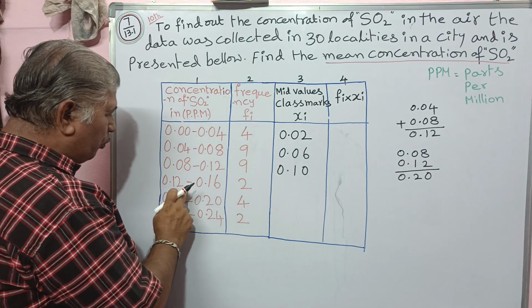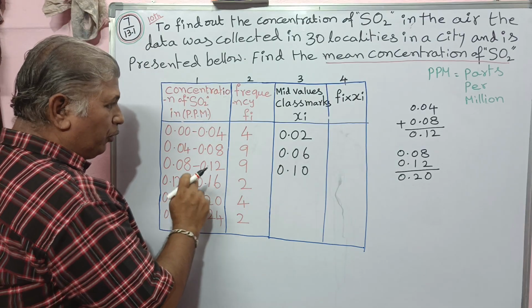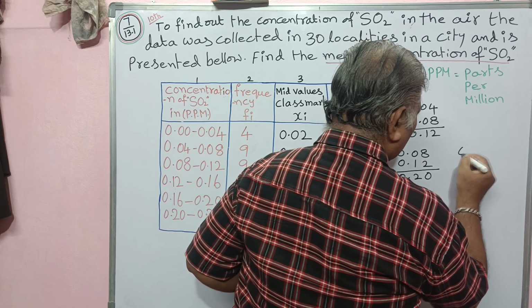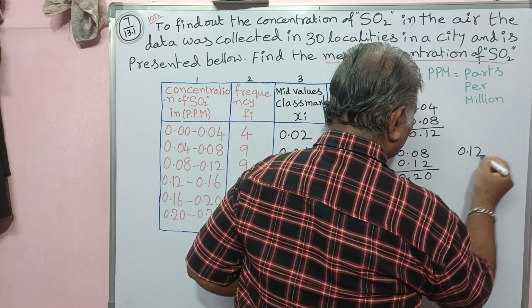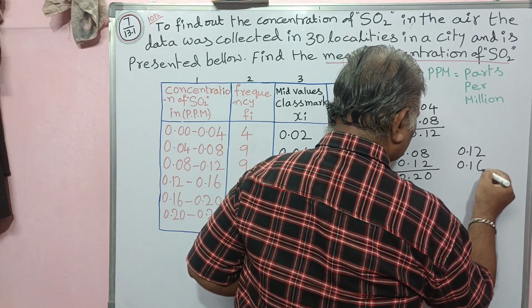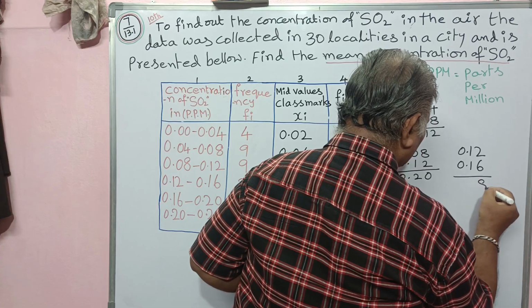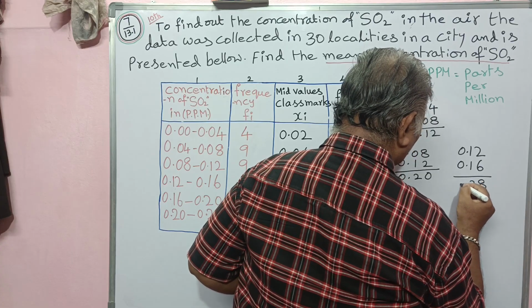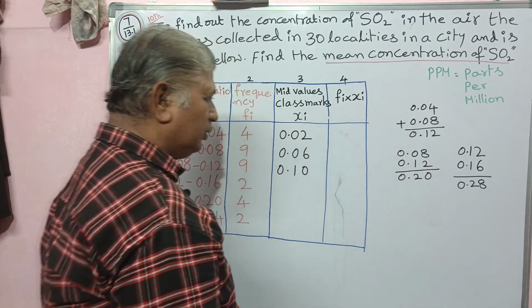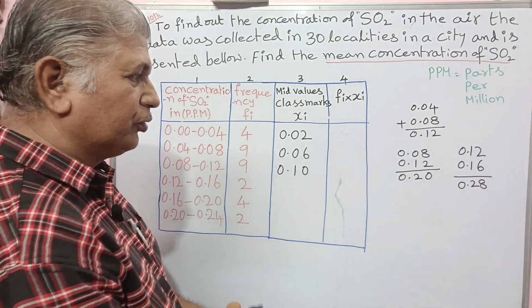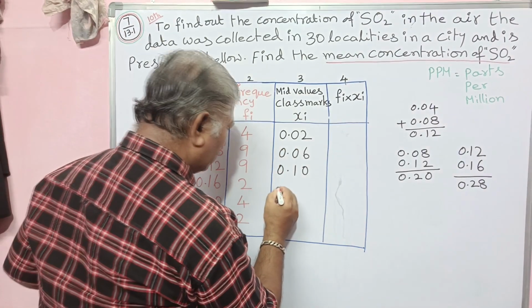Now 0.12 to 0.16: it is 0.28, make it half, then it will become 0.14.